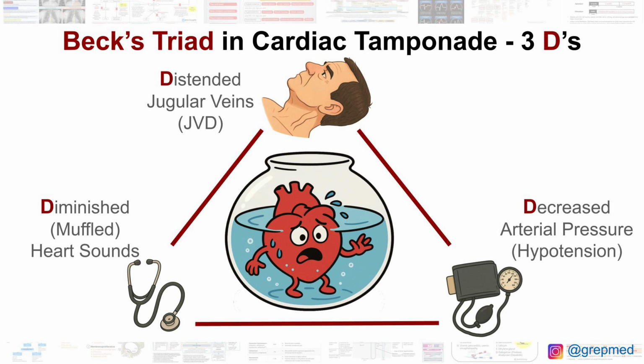Distended neck veins, distended jugular veins, JVD, jugular vein distension. Those are the veins that sit on the side of your trachea, and they tend to get very enlarged with kids when they get really angry. Sometimes adults, when they rage, you'll see those veins pop out.